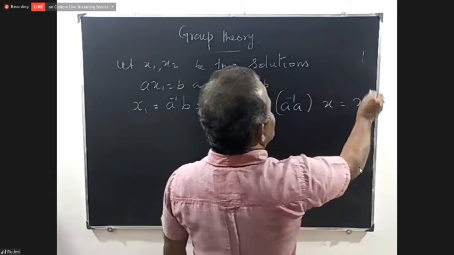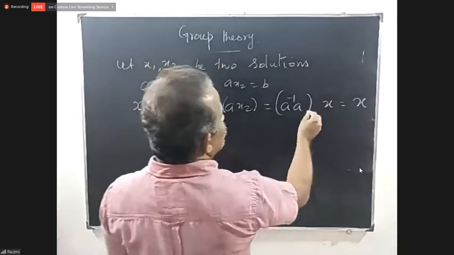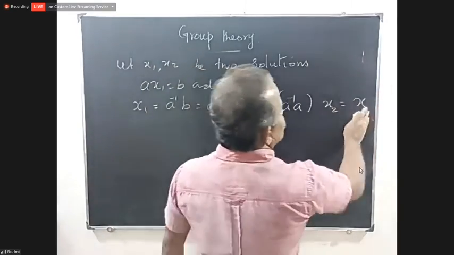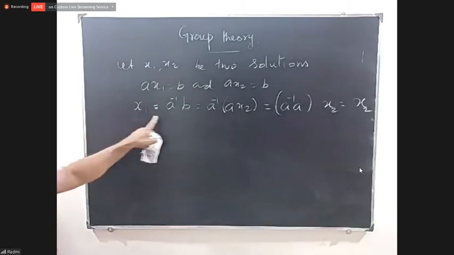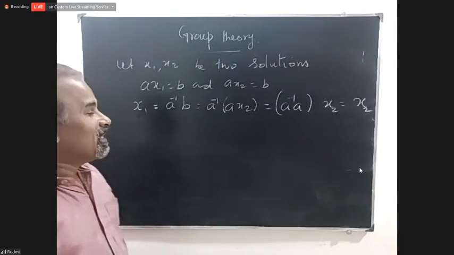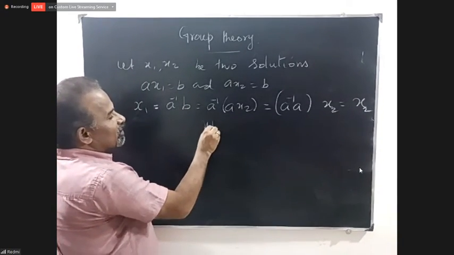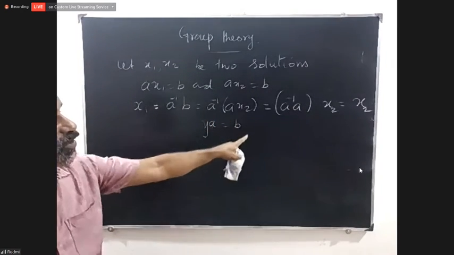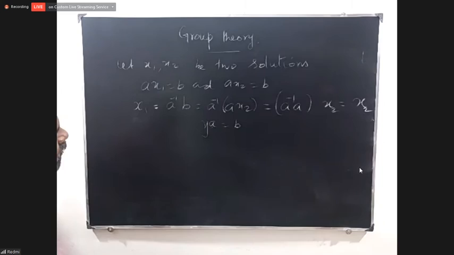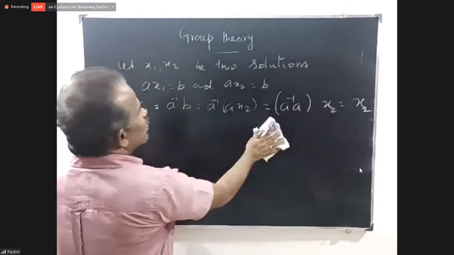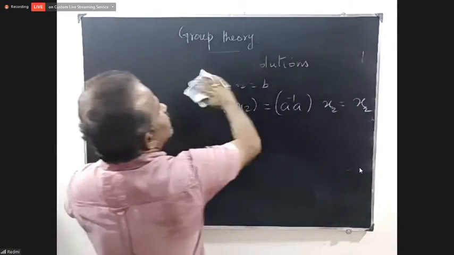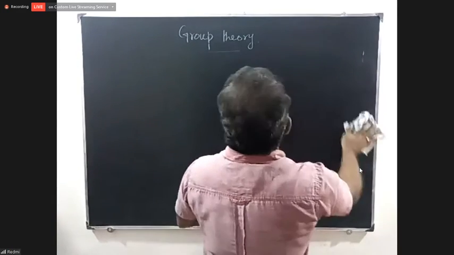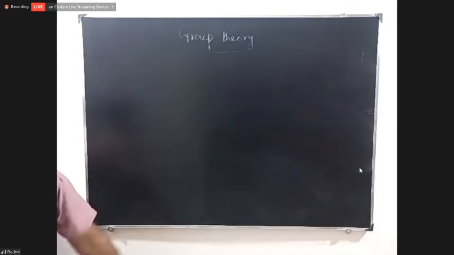Therefore E times x2, therefore this is x2. So therefore x1 is equal to x2. Similarly, I can prove that YA is equal to B, this equation also has a unique solution. So these three properties are most important in group theory.